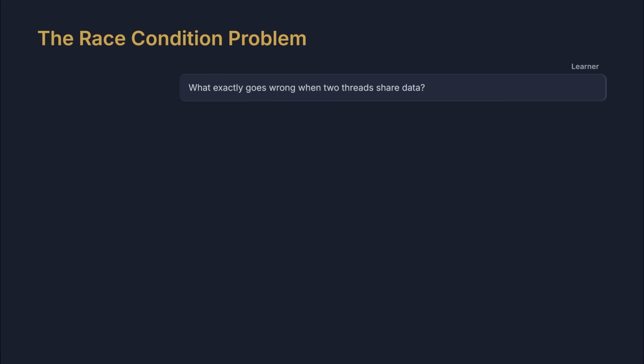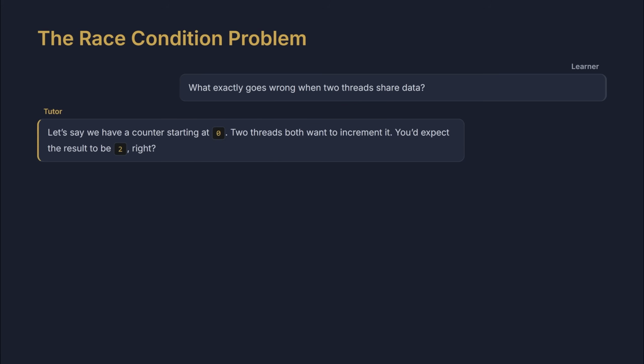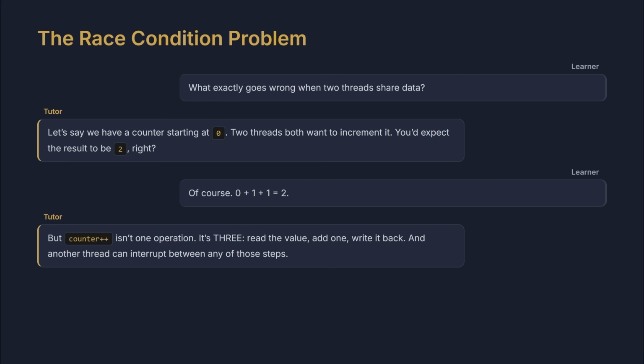So what exactly goes wrong when 2 threads share data? Let's say we have a counter starting at 0. 2 threads both want to increment it. You'd expect the result to be 2, right? And you would say, of course, because it starts at 0, it adds 1, equals 2. But the expression counter++ in Java isn't just one operation.